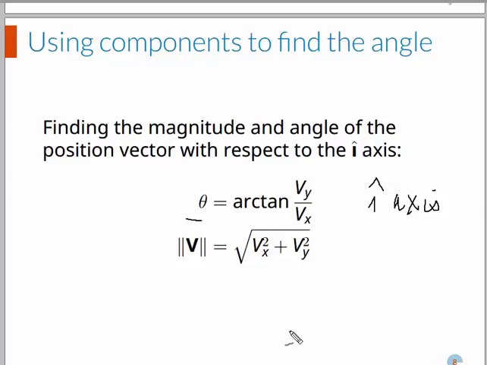It's the arctangent of y over x. It's very familiar. We can also calculate the length of the vector as the square root of vx squared plus vy squared, and this all extends to higher dimensions. At least the magnitude extends easily to higher dimensions. For the angle, we have to do something different. But at least now, using the components, we can get a value for the angle.